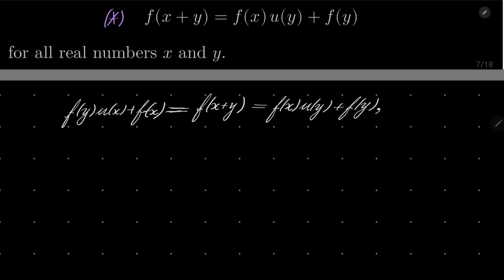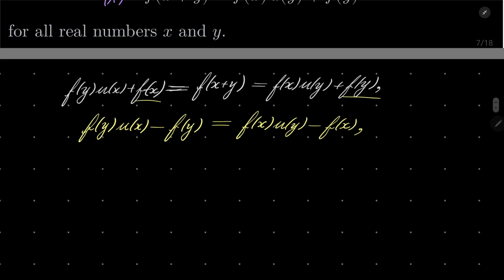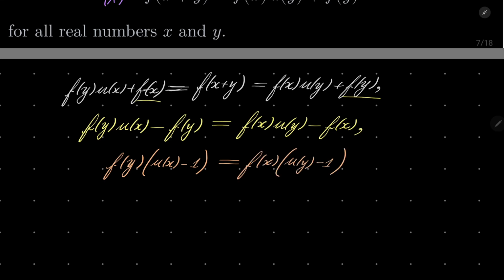Alright, and now I will do some shuffling. First, I will put this expression on the left-hand side and this on the right-hand side. And we will have f of y u of x minus f of y equals f of x u of y minus f of x, which allows me to write the following after factorization: f of y times u of x minus 1 equals f of x times u of y minus 1.